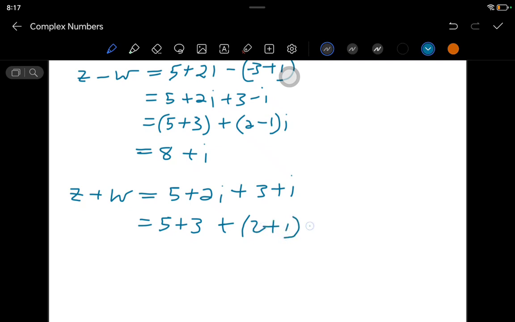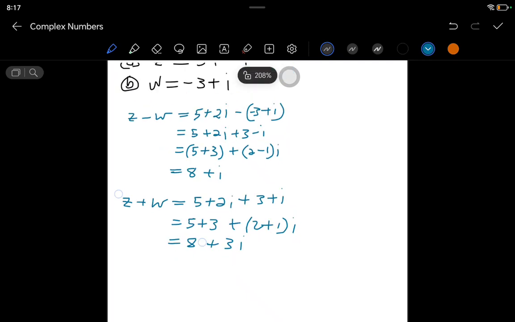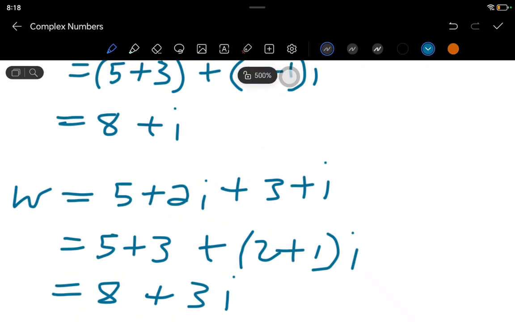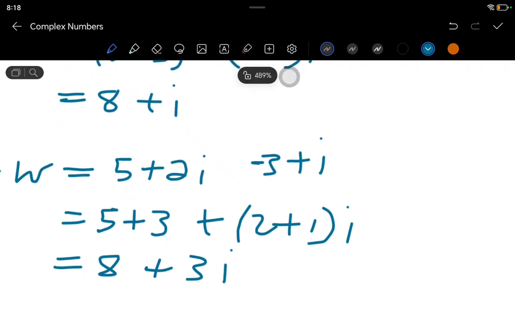Now, let's say I want to multiply them. Oh, when I was adding, this was supposed to be minus, right? So if I want to multiply these two, this is 5 plus 2i, times minus 3 plus i.